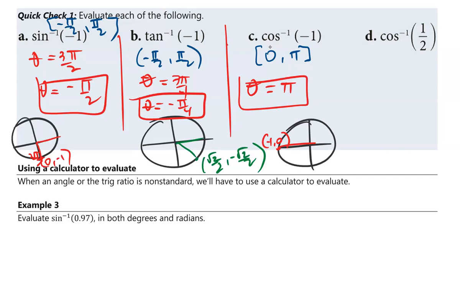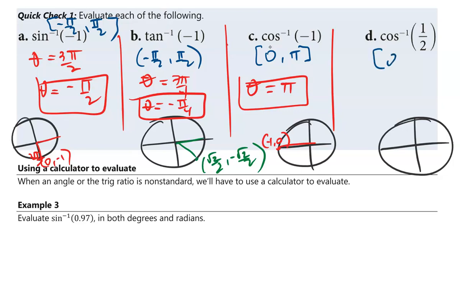And D, inverse cosine of 1/2. In a unit circle, cosine again from 0 to pi. That is quadrants 1 and 2.